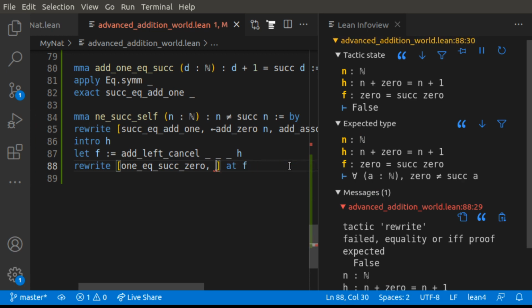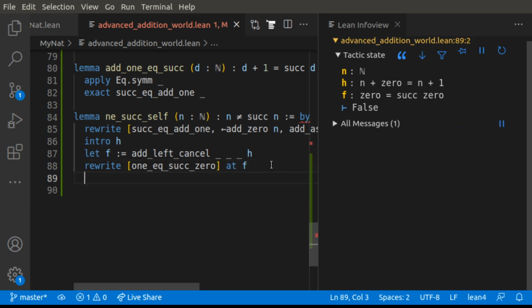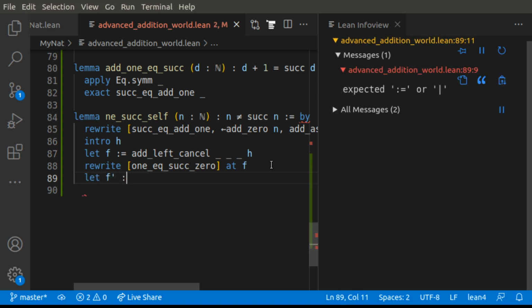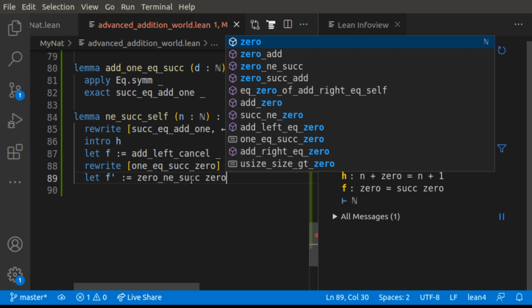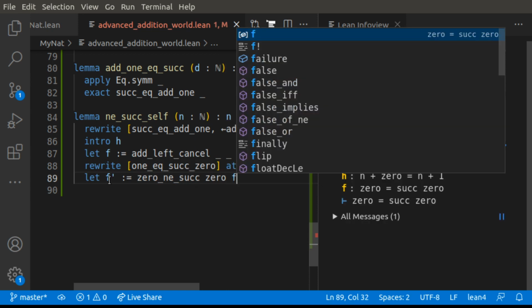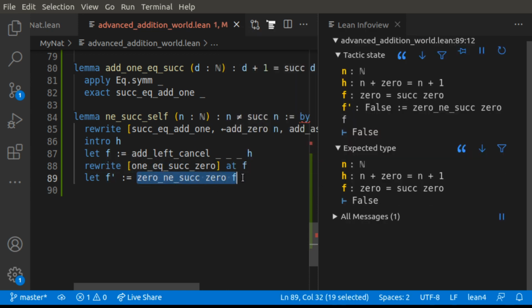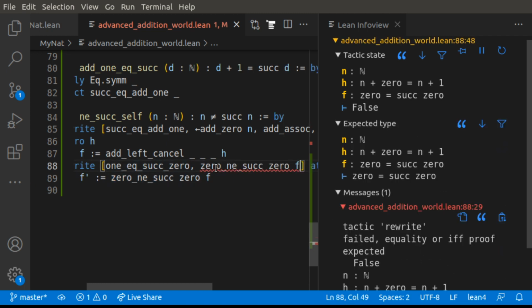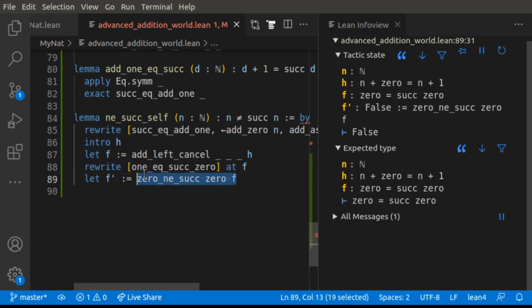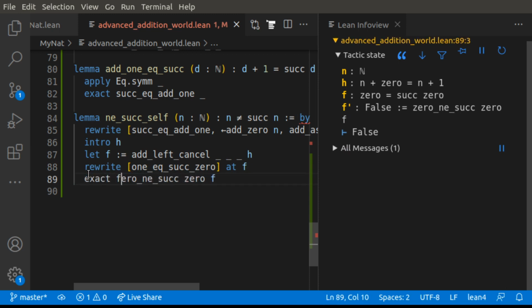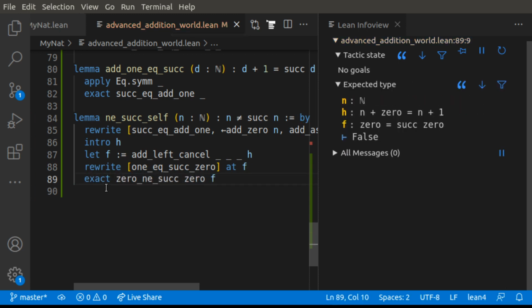Okay, no, that's not quite right. Let f prime be defined as 0. F. False. Okay. Can you do this? Okay, fine. That's fine. Well, we can just do exact of this. Exact this. Hell yeah. Okay.